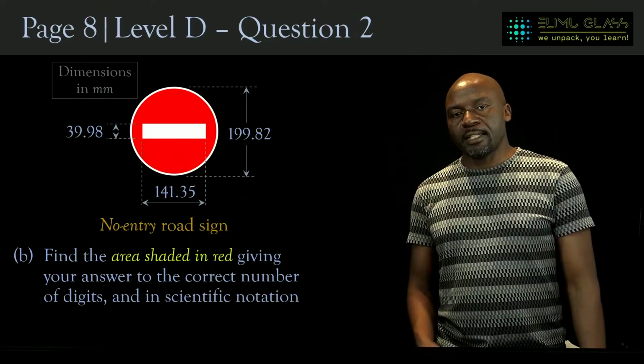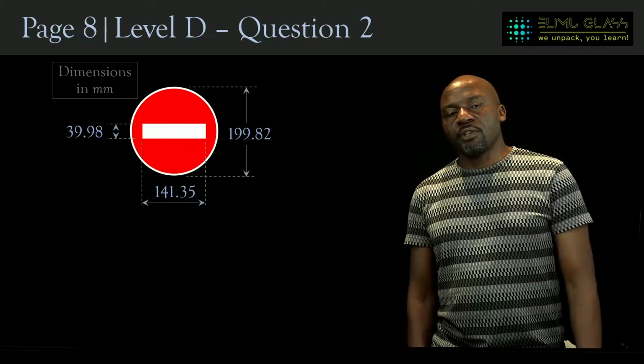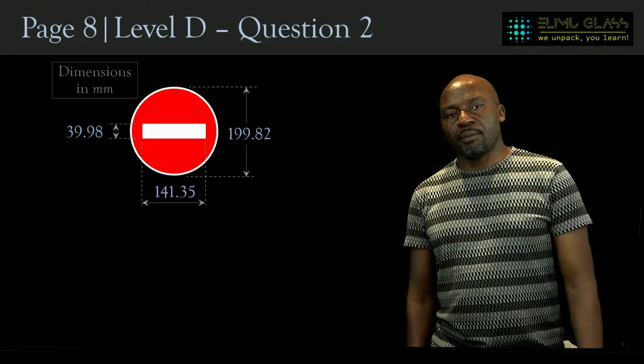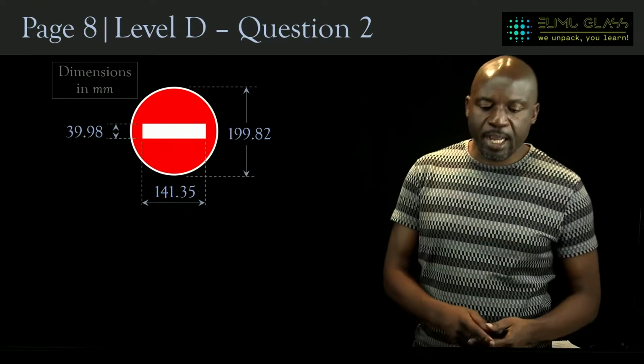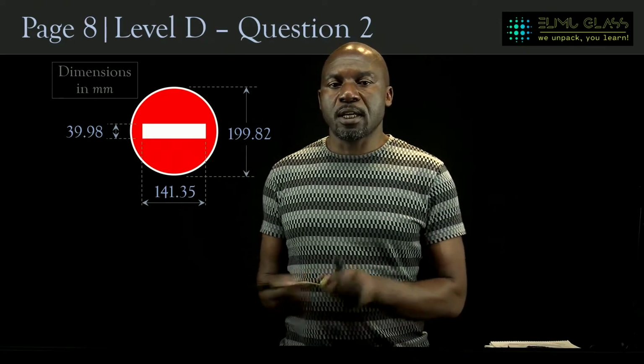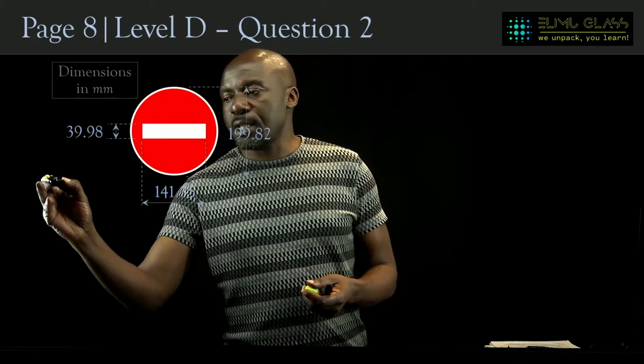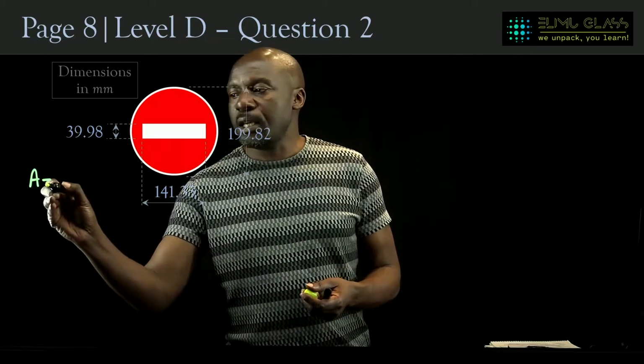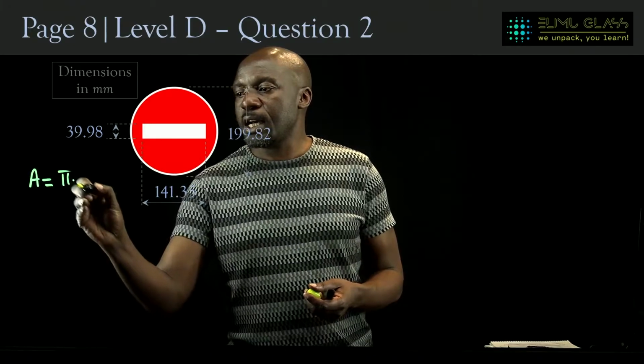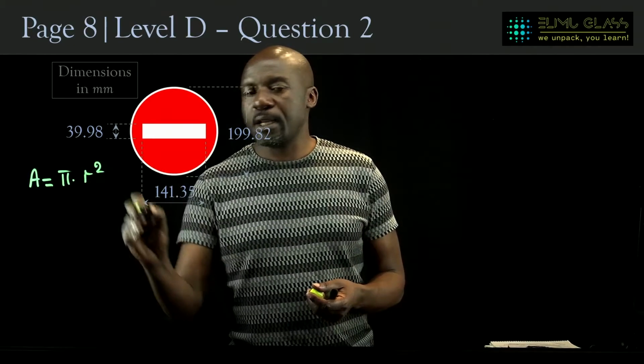So let's start then. We start by looking for the area of the circular part. The area of a circle is pi r squared. So for a circle, the area is pi times the radius squared.